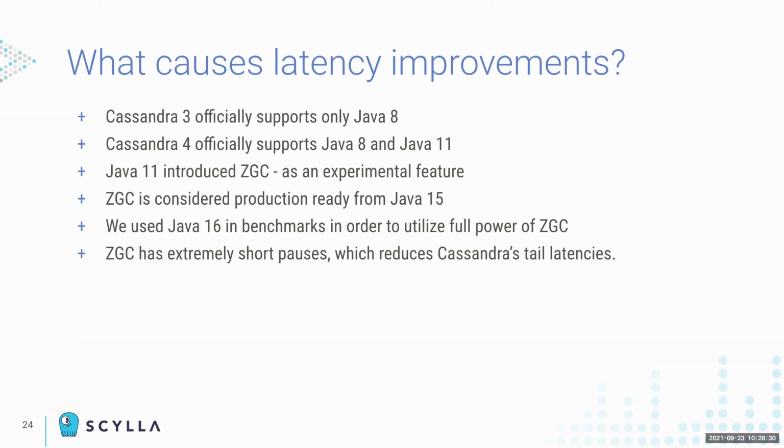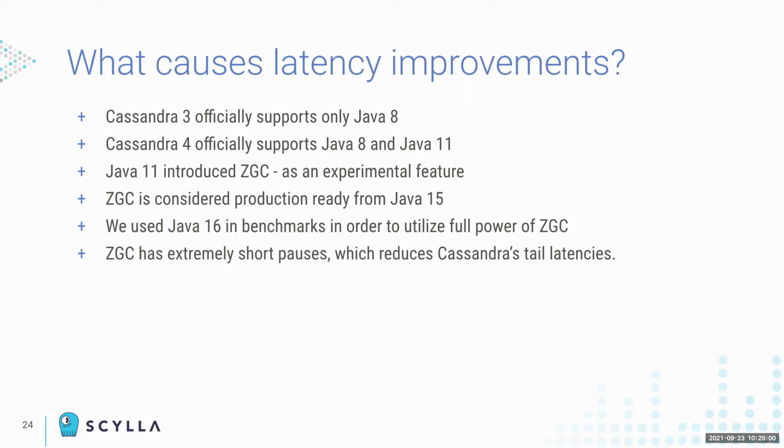ZGC promises extremely short pauses, pauses that can be less than 10 milliseconds, while other garbage collection algorithms in Java 8 could take hundreds of milliseconds. And when a garbage collection process kicks in while a request is processed, this can mean that the request is delayed in sending a response to a client.